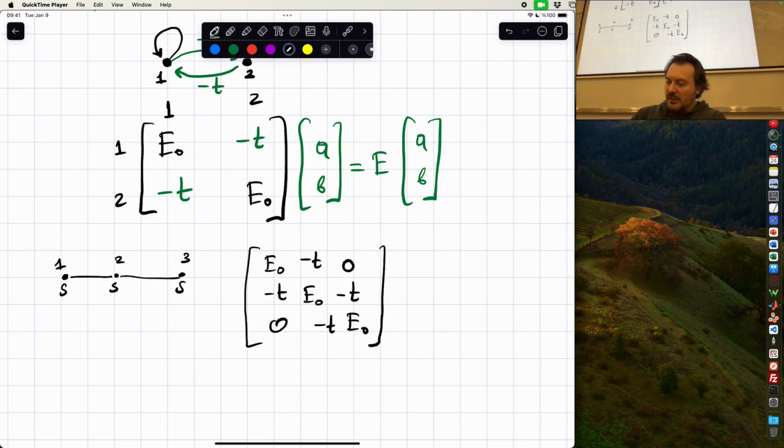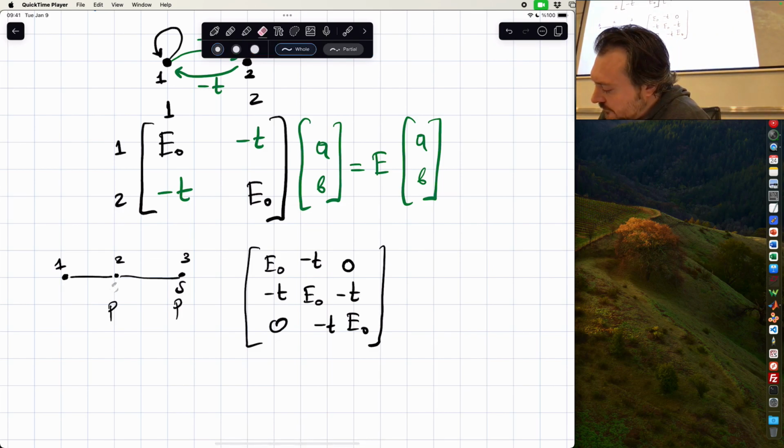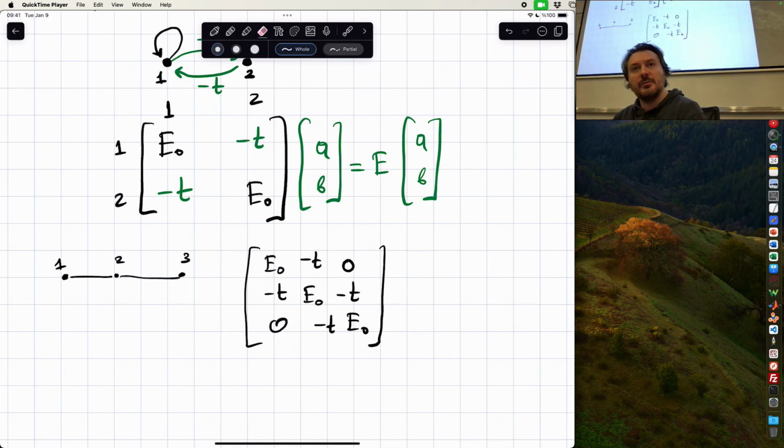But what if you also include p orbitals? Then you have complications, okay? Then your matrix, for example, becomes 6 by 6. So it's the number of orbitals versus the number of orbitals. All right.